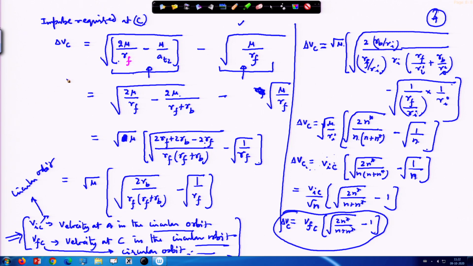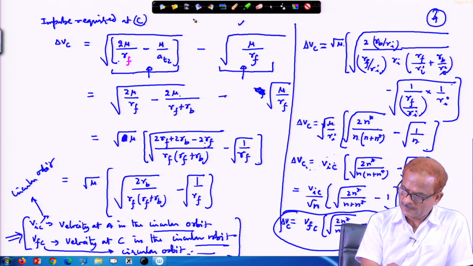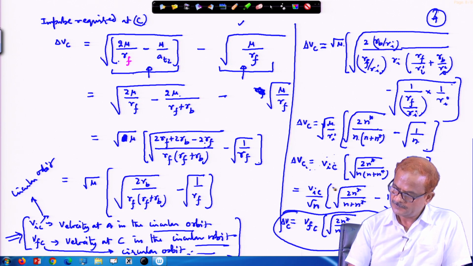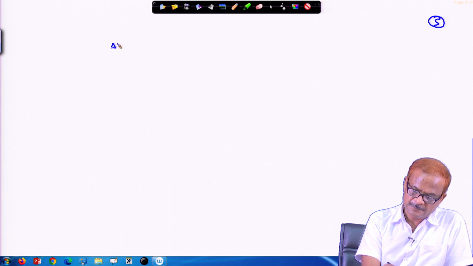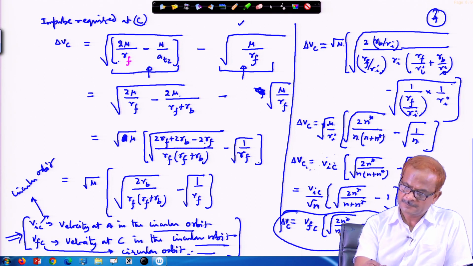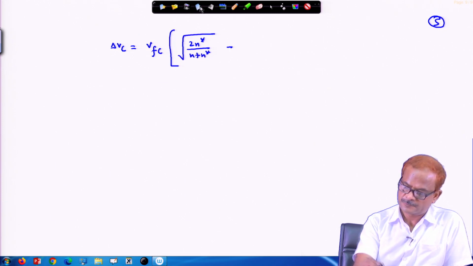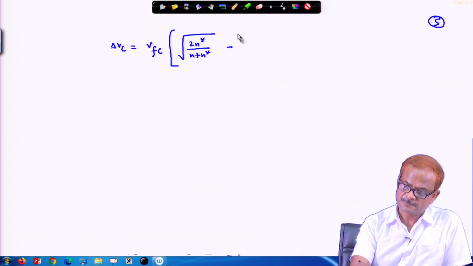So, delta V c equal to V f c and then 2 n star divided by n plus n star, minus 1.